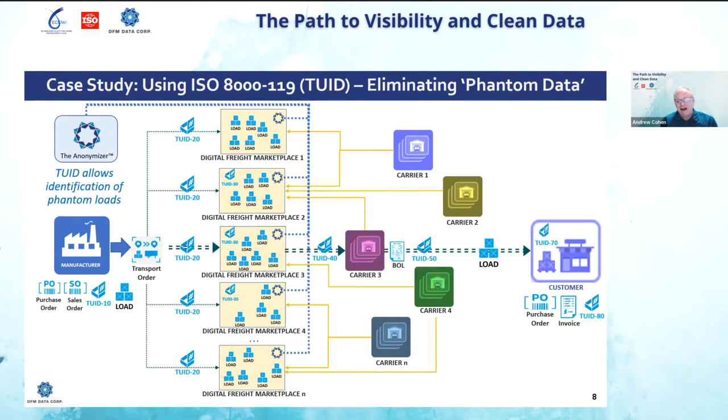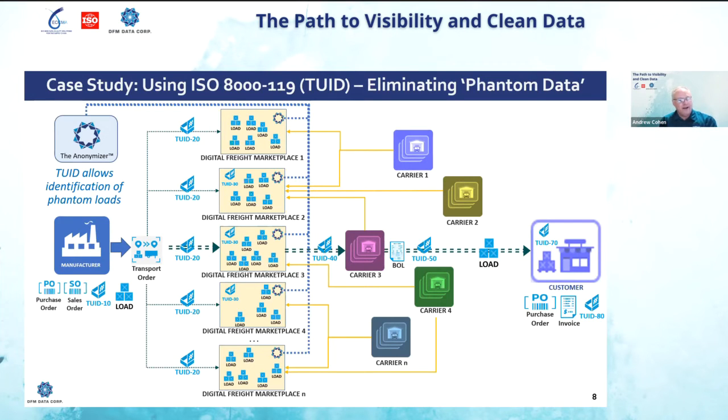It then anonymizes the data that vendor wants to anonymize. So what it doesn't want to be seen through transit will be anonymized, and only the data that's required to move it will be in that datagram. And that will be assigned and will move through the digital freight marketplaces and the brokers with that identifier.